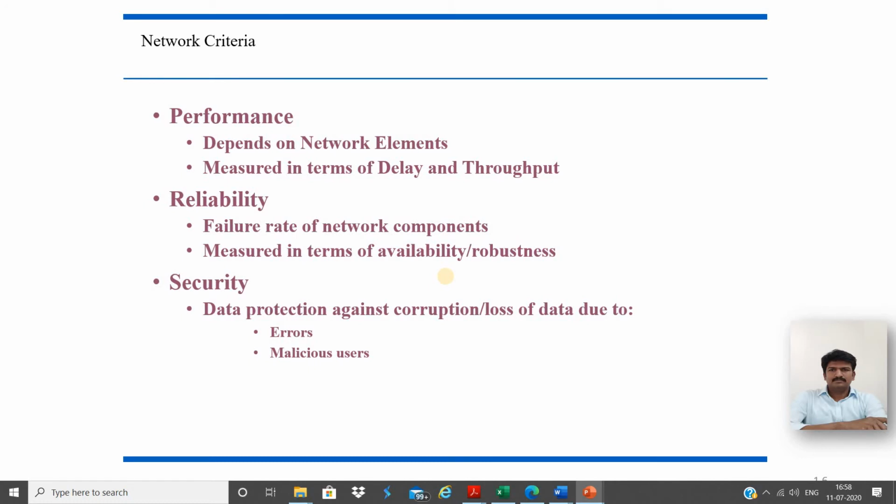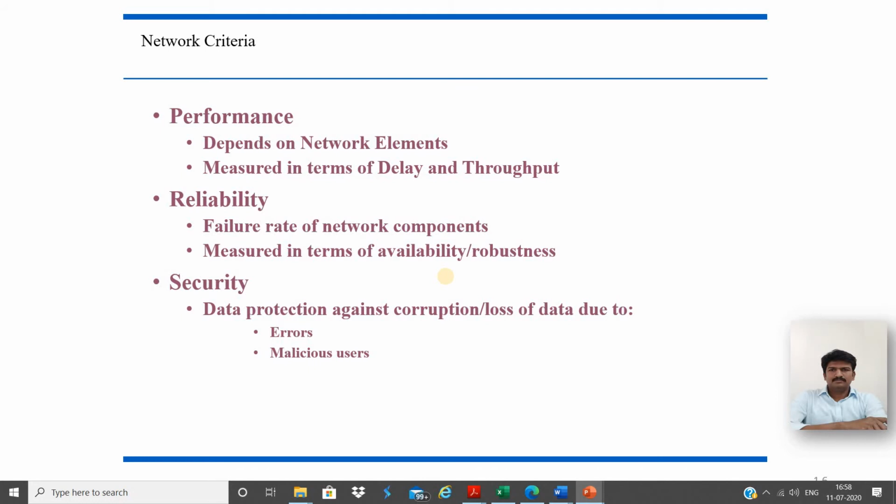This reliability can be measured in terms of the availability of the network and the robustness of the network. One more concern in the network criteria is security. A computer network should be secure so that the data transmitting over the network is safe from unauthorized access. Also, the sent data should be received as it is at the receiving node, which means there should not be any loss of data during transmission.